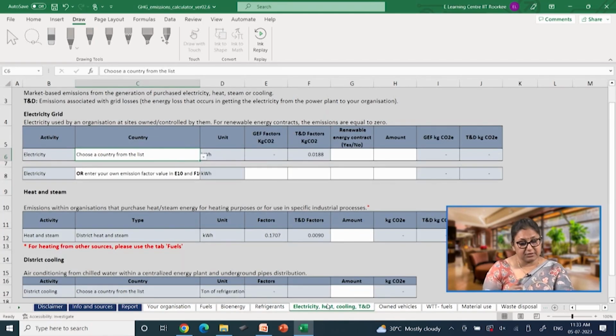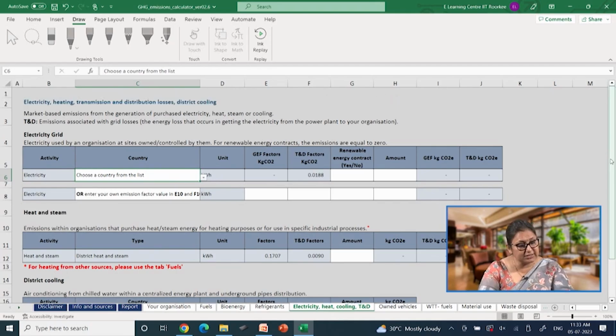Then we have the electricity, heating, transmission and distribution losses and district cooling. Now, if you remember clearly, this data will help us in calculating the scope 2 emissions. What we were doing here for refrigerant, for bioenergy and for fuels, these three were the direct emissions, and we were talking about stationary combustion, fugitive emissions, and process emissions.